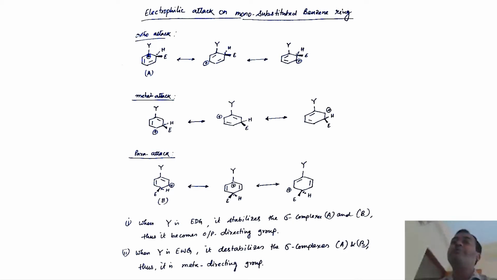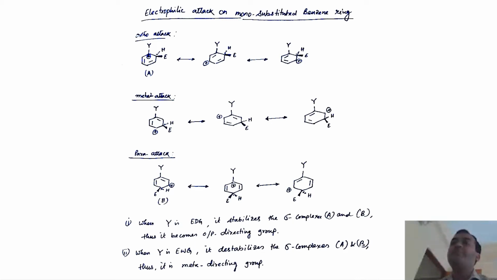Here, this positive charge is directly connected to this Y. So if Y is an electron donating group, then because of this electron donation, this A structure will be stabilized. Similarly, for para attack, if you see the second structure, here also the positive charge is directly connected with this substituent Y. So here also, if this Y is an electron donating group, it can stabilize the middle structure, this structure for para attack.